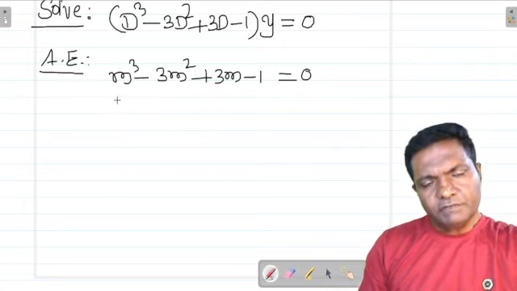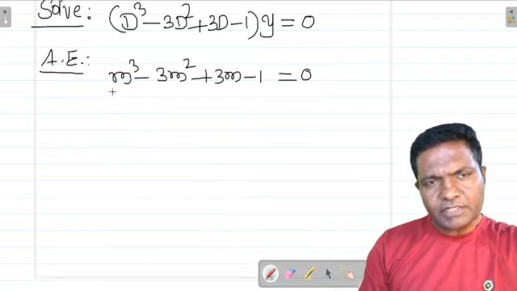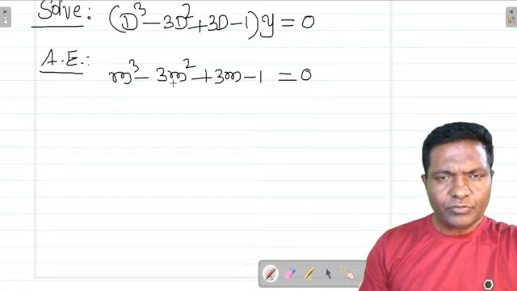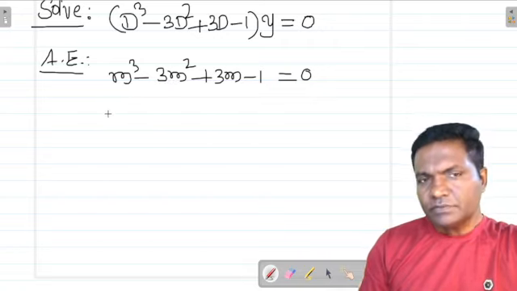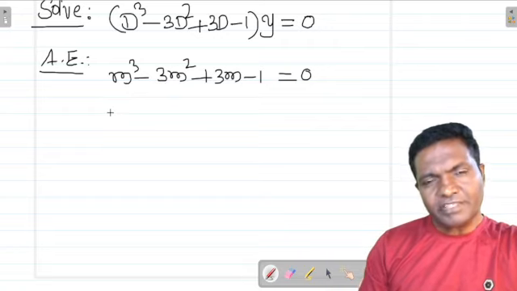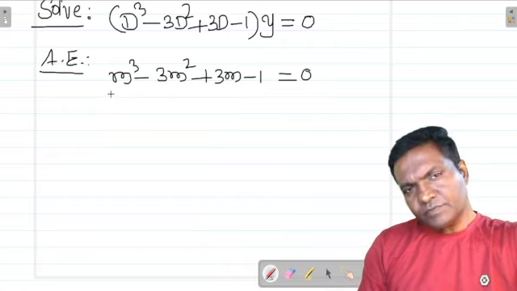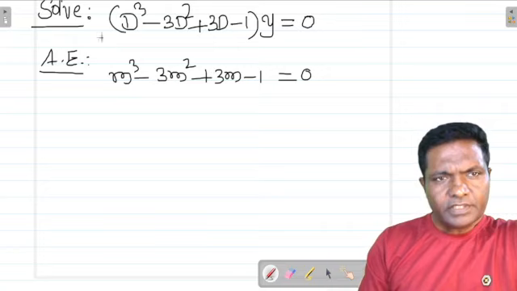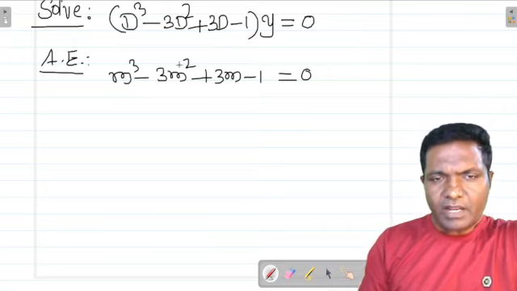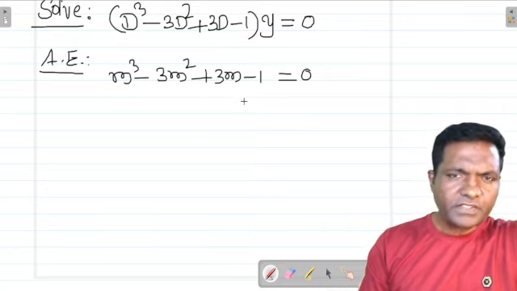When you get an auxiliary equation of higher degree like m cube, m power 4, and so on, you need to find roots by the method called synthetic division. First, there is one test called addition of coefficients.